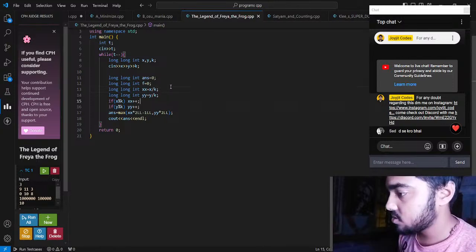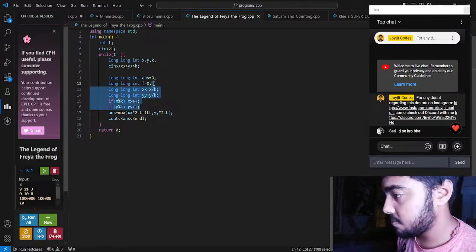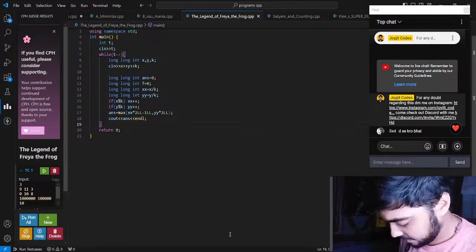Then there is the mod thing, that is whether he has to jump extra or not. This part of the code is very naive. Then we use the formula I told you, j into 2 minus 1 and j into 2. Whichever is maximum, he just prints it. I hope this is clear, right?